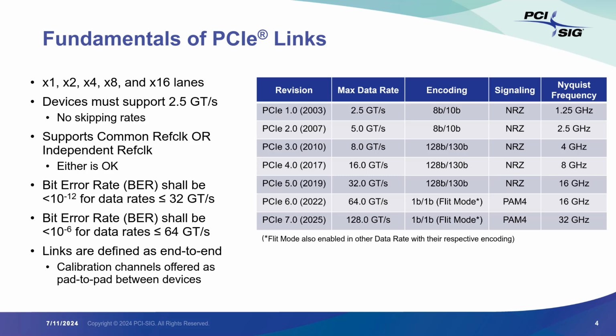You'll notice here in the chart that the 6.0 specification introduced a lot of new aspects to PCI link definition, things like a new signaling scheme, encoding, and some light error correction. But both the 5.0 and 6.0 specifications have a Nyquist frequency of 16 gigahertz, which creates a nice common data point to build from.